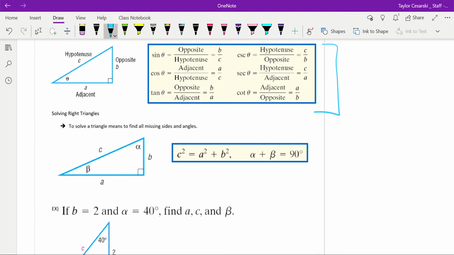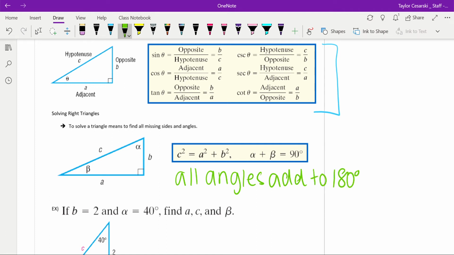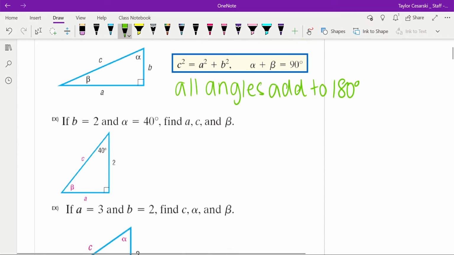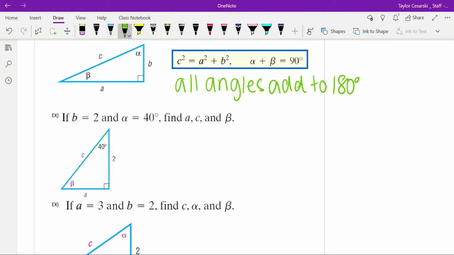You should be familiar also obviously with Pythagorean theorem, a squared plus b squared equals c squared, and if this is a right triangle, that means the other angles add to 90 degrees because all angles add to 180 degrees. So all that means if I know one is a right angle, that the other two will add to 90.